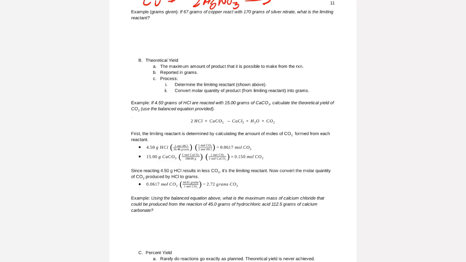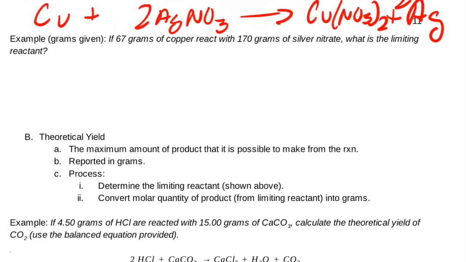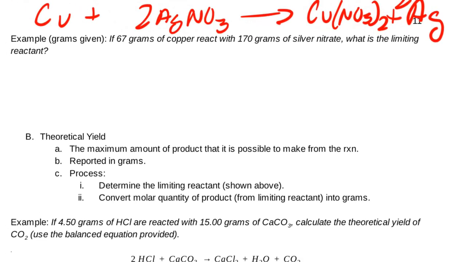Just so we can refer to this as we work. I believe that's the equation. Nope, something's not right. 2 moles of silver nitrate. Okay, so back to the scenario at hand.